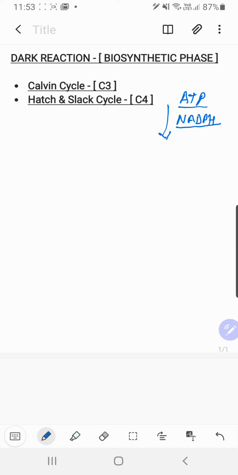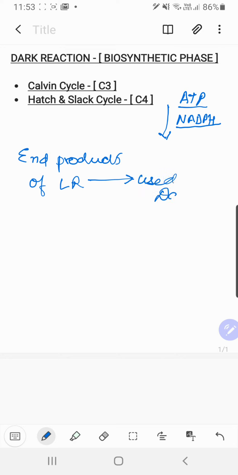So you may write it this way, that the end products of light reaction are going to be used in dark reaction, right? Just keep this in mind.